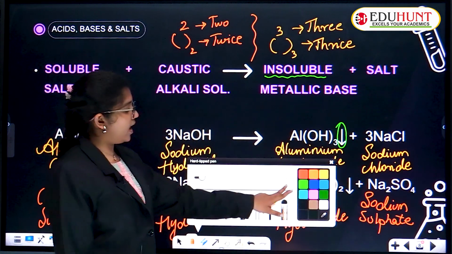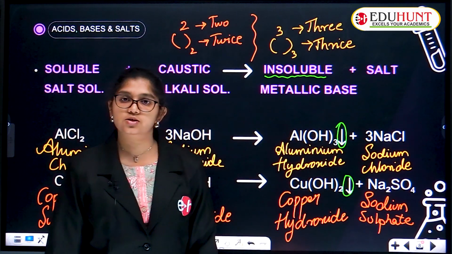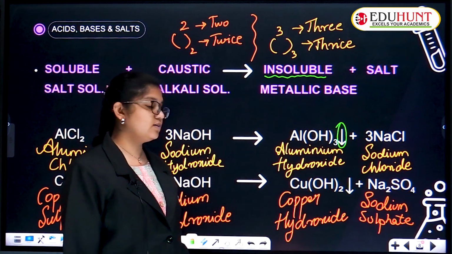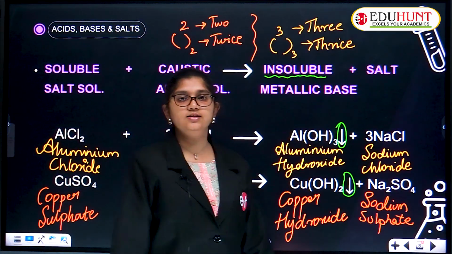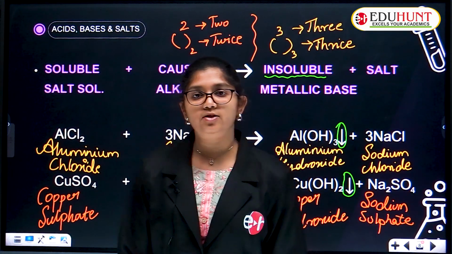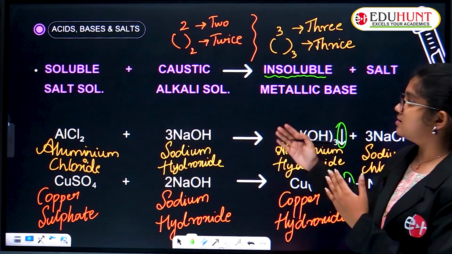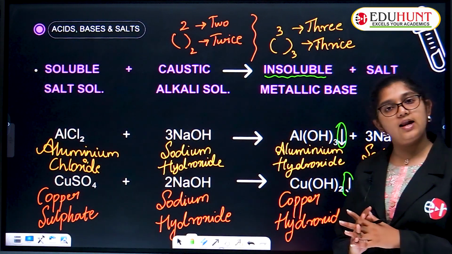Here we also have the down arrow mark, representing an insoluble matter, an insoluble metallic base, and it has a precipitate nature. Okay, PPT. Got it? These two are examples of the fifth general method for the preparation of base alkali, that is adding the soluble salt solution with caustic alkali solution.